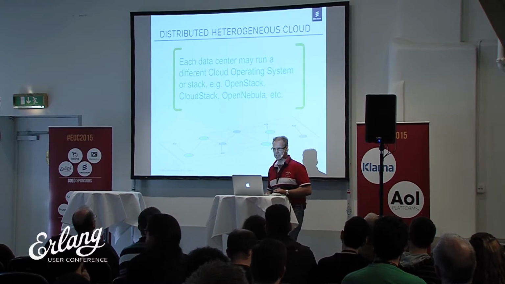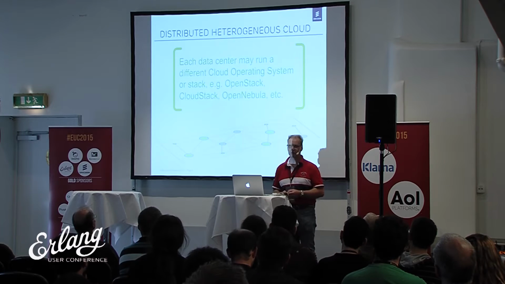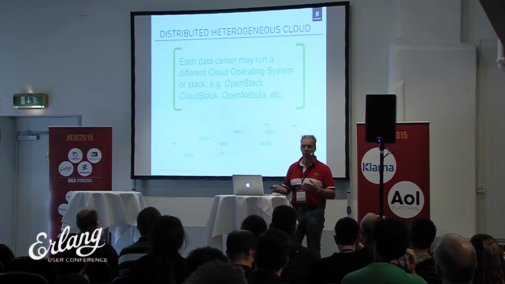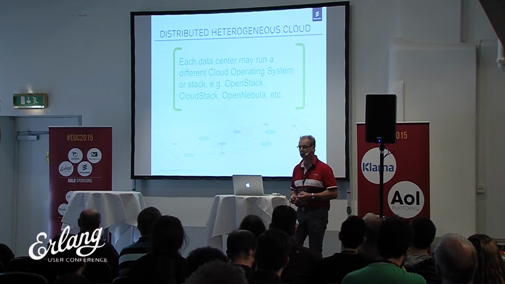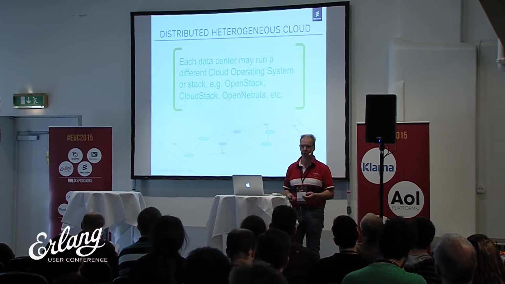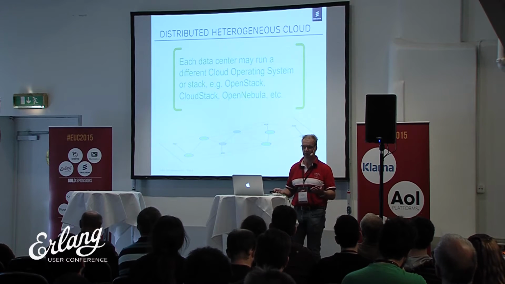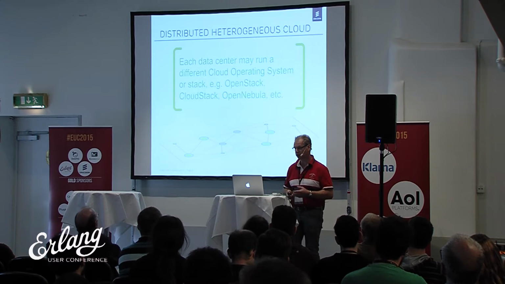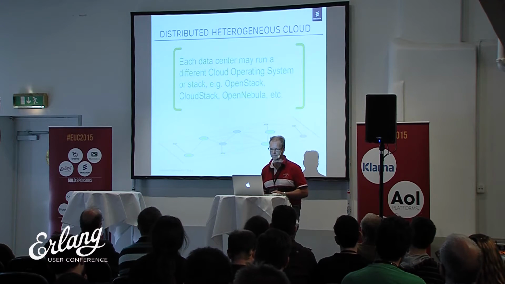Also, each data center might run different cloud stacks, cloud operating systems, like OpenStack, CloudStack, or VMware. Or it might not have a stack at all, and we are controlling the machine directly through a hypervisor. So our system has to support all this.